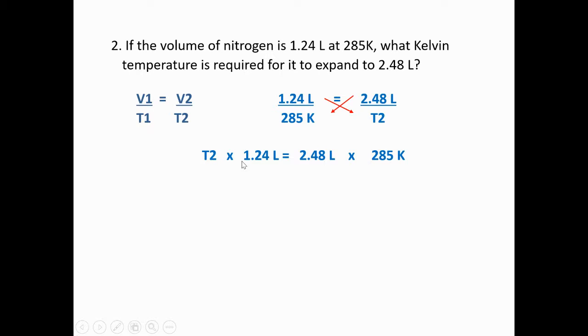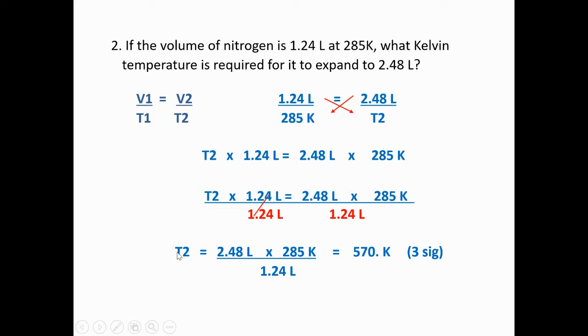So this gives me T2 times 1.24 equals 2.48 times 285. Again, to get T2 by itself, I must divide both sides by 1.24. Cancels out. So T2 equals 2.48 times 285 divided by 1.24.